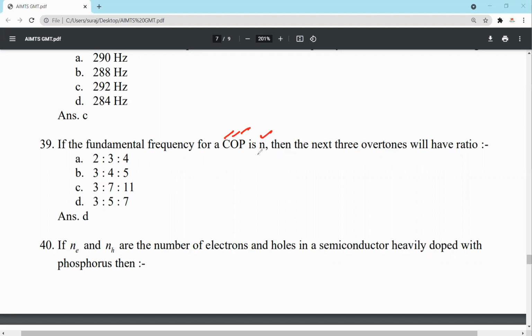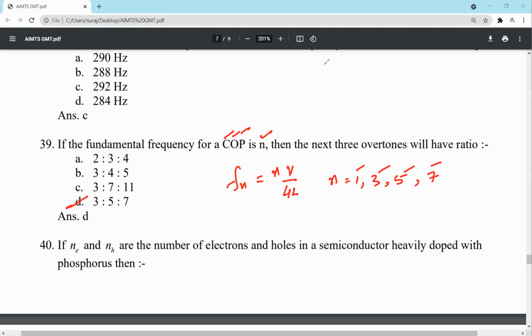Fundamental frequency is N, that means I can write N equals V by 4L. This is the frequency for a closed pipe, and it varies as 1, 3, 5, 7. Fundamental frequency is N, so the next three will be 3, 5, 7. The ratio is 3, 5, 7. Only odd harmonics are present, right?